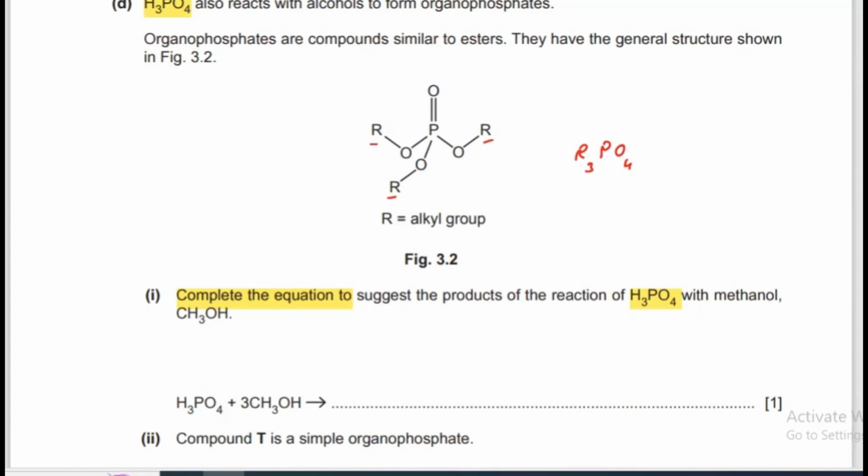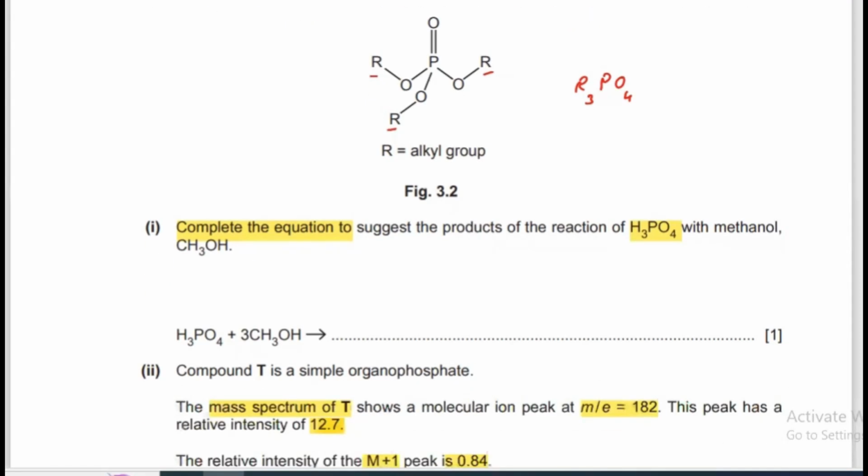Complete the equation to suggest the product of the reaction of H3PO4 with methanol, CH3OH. Now, H3PO4 also reacts with alcohol. So this is a reaction of alcohol and H3PO4.